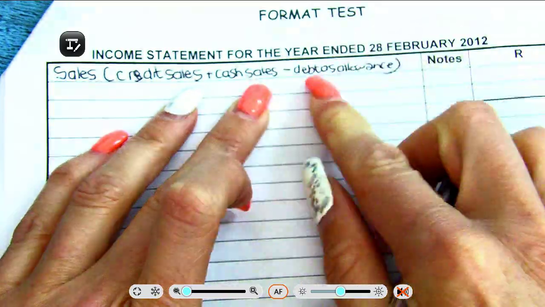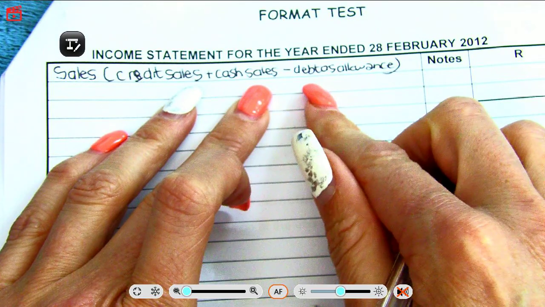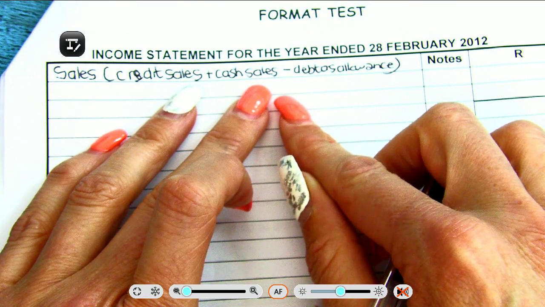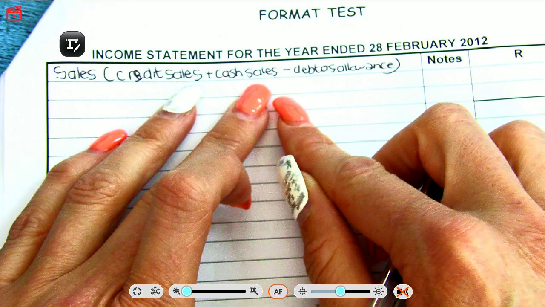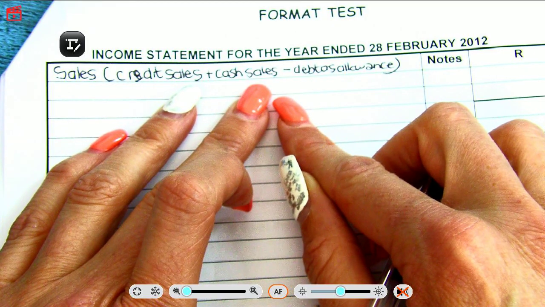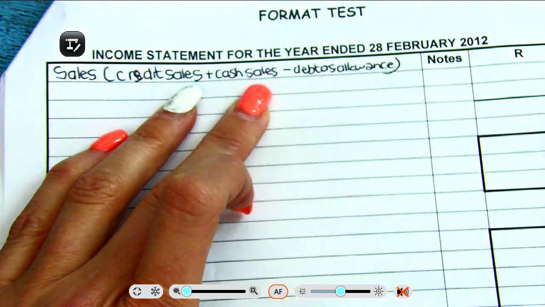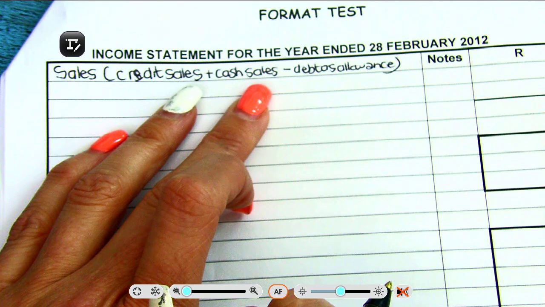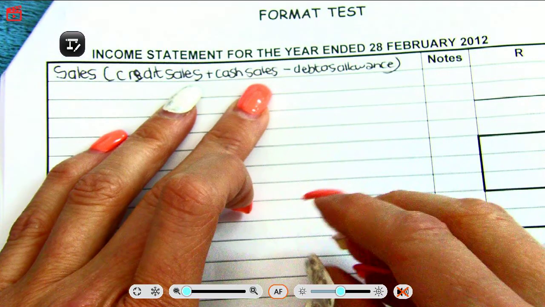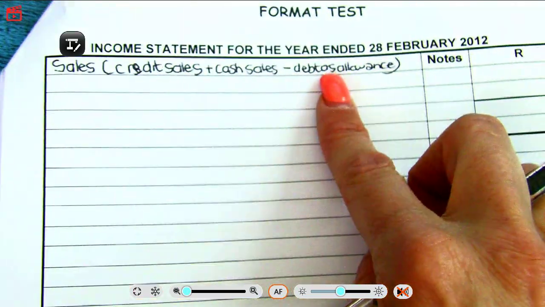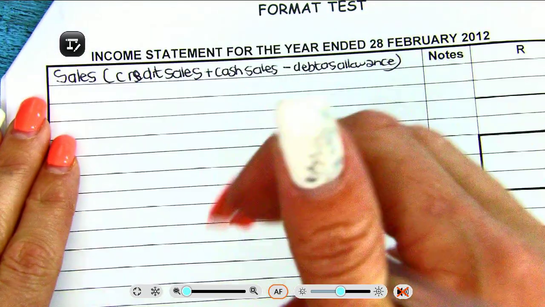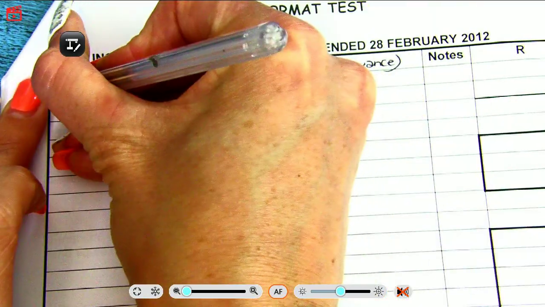Grade 10s, just remember though, if you've already taken your sales amount and minus debtors allowance in your post-adjustment, then you don't have to do it again. It's just important that you know how we calculate that amount. Okay, so we'll have my sales amount there. Then next it is cost of sales.